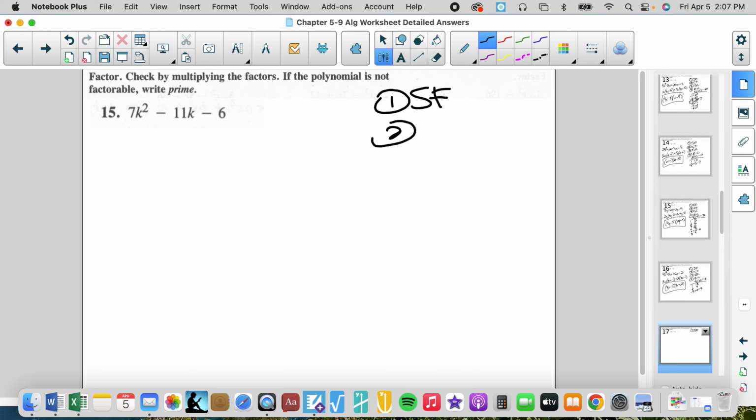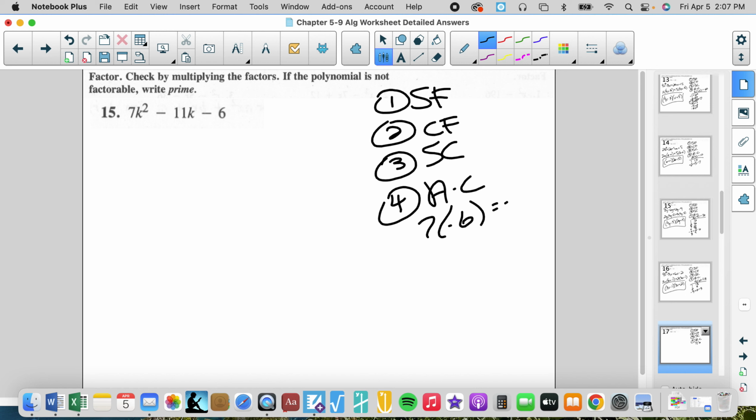Standard form, common factor, special case, A times C. 7 times negative 6, negative 42. 1 and 42, 2 and 21, 3 and 14, 4 no, 5 no, 6 and 7.